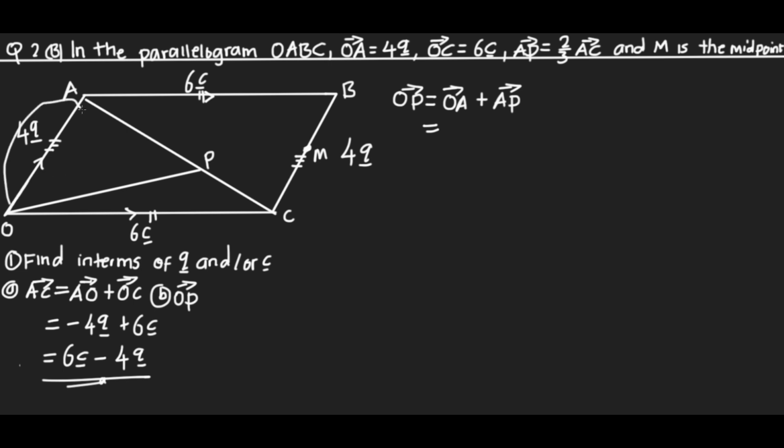The vector OA is equal to 4q. This time we are just going to get it as a positive number. We are not going to change anything, plus c. From this statement here, we are told AP is equal to 2/3 of the vector AC.